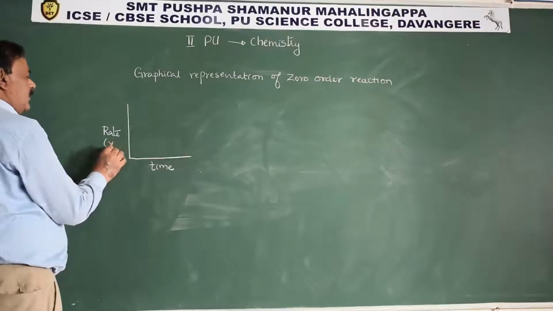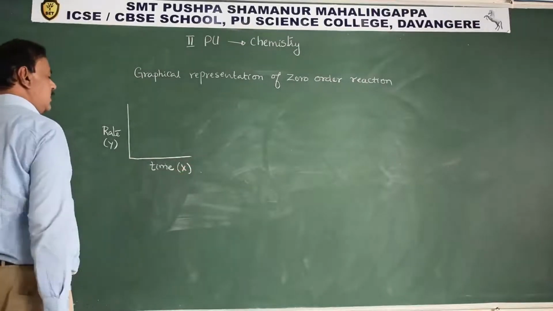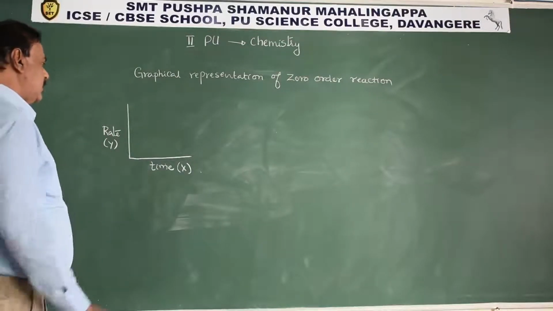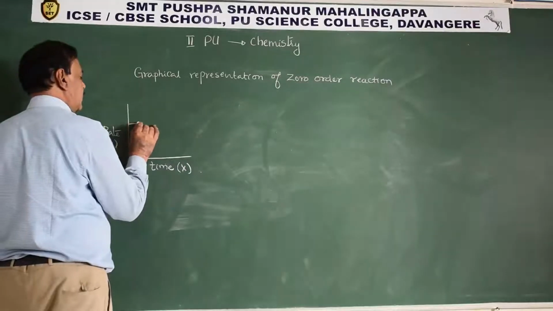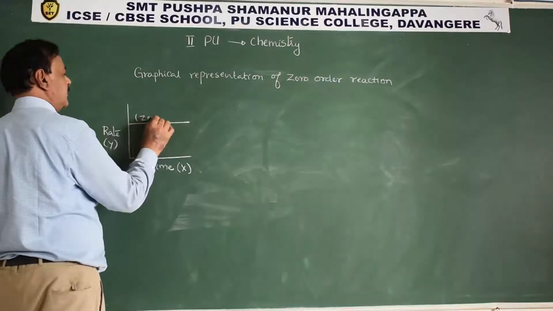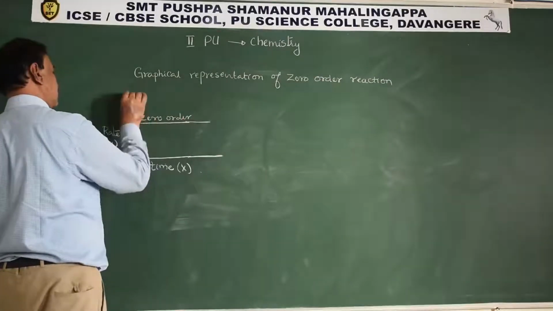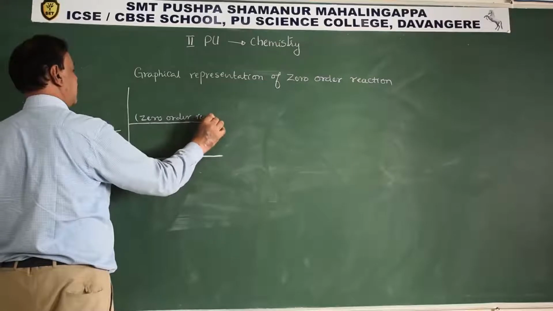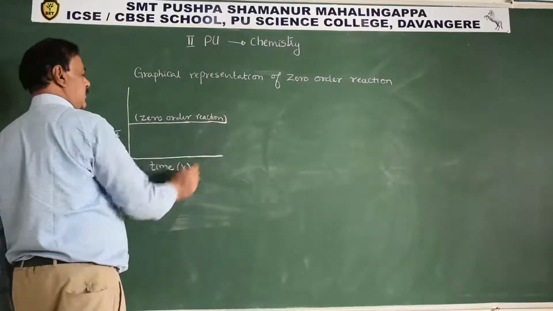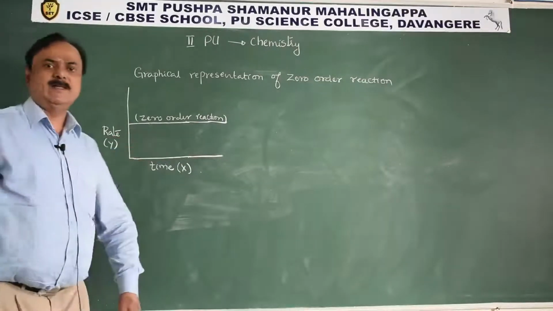This is the y-axis, this is the x-axis. When you plot the rate of a chemical reaction along the y-axis and time along the x-axis, the graph is found to be constant, that is, parallel to the x-axis.